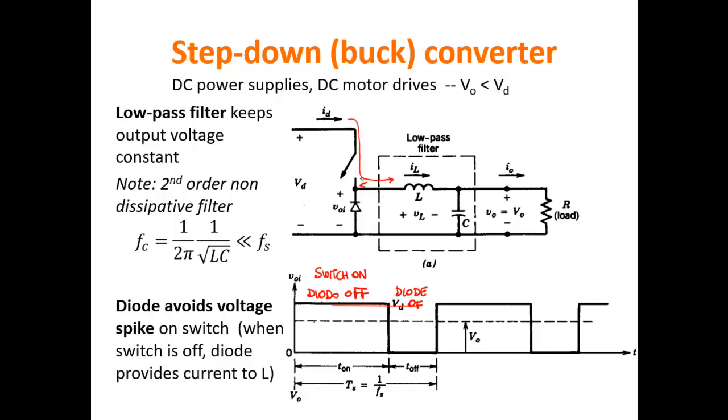And in the absence of the diode, we said that there was a problem because this voltage could go very low and therefore apply a significant stress on the switch.